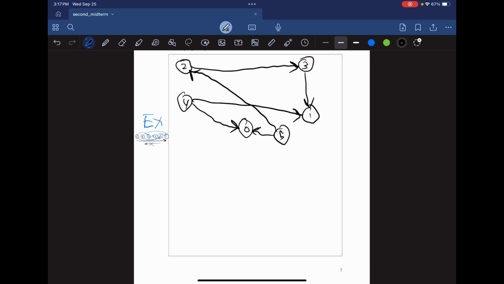So the trick to the topological sorting algorithm is that the first step is to look at all of the vertices that have 0 in degrees.